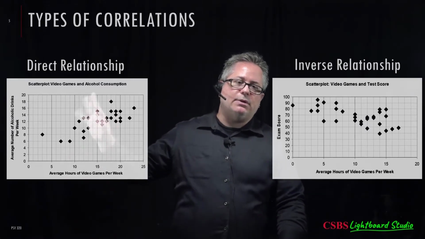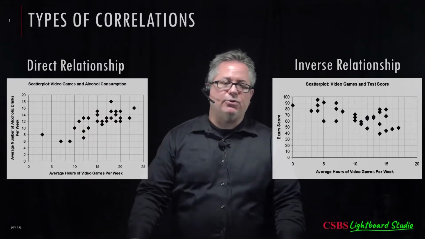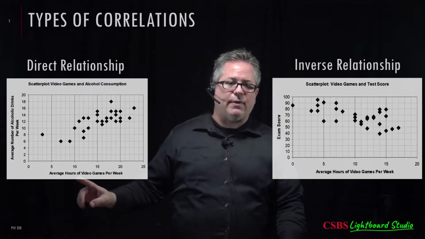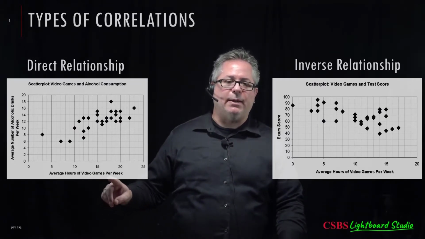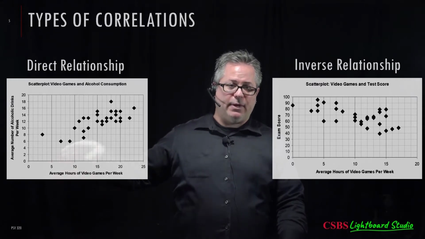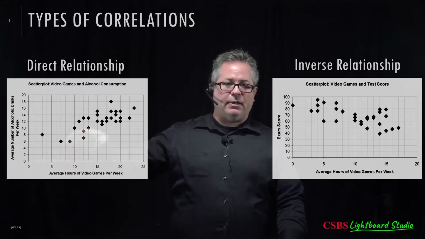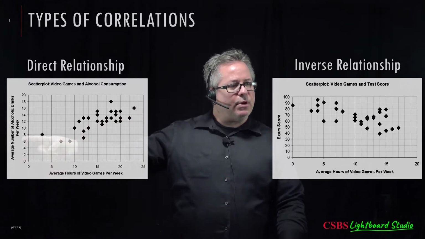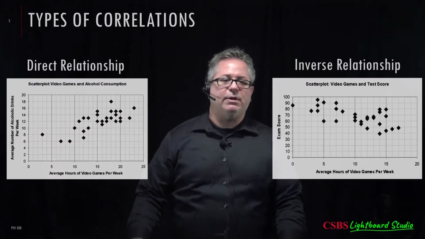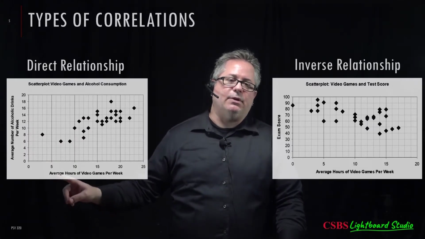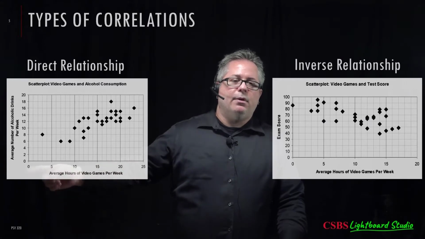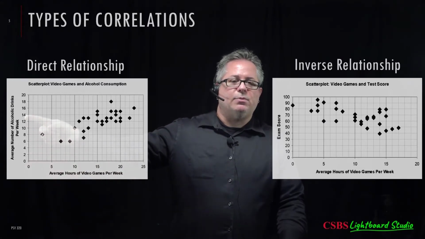Here on the left is a direct relationship, where you see the average number of hours of video games per week being correlated with the average number of alcoholic drinks per week. You can see that the more hours of video games being played, the more alcoholic drinks are being consumed.